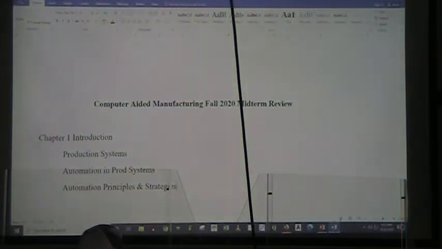Chapter 1 isn't super in-depth or anything like that.